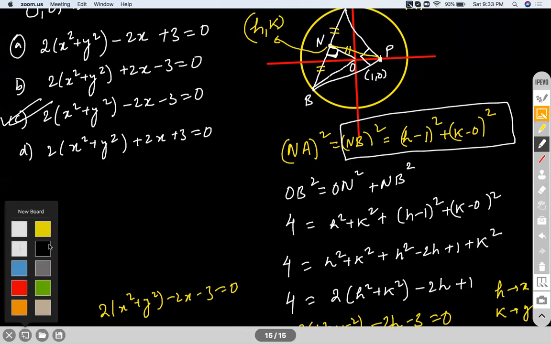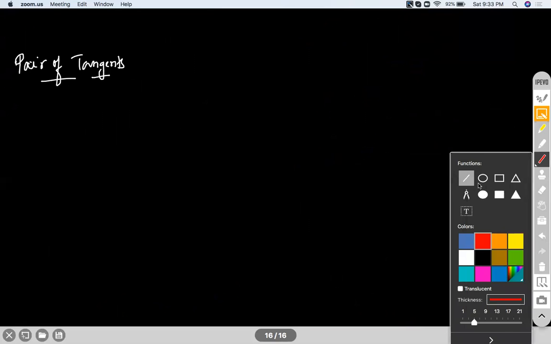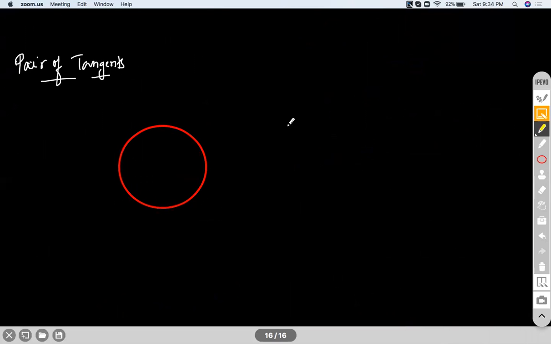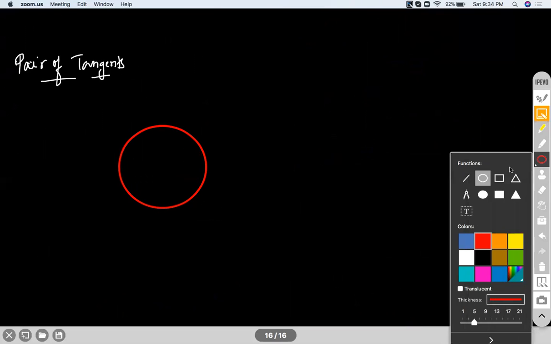Okay. Next concept that we are going to take is the concept of pair of tangents. A little while ago, we were talking about chord of contact, right? What is chord of contact? Chord of contact is basically the line connecting the points of contact of the tangents.